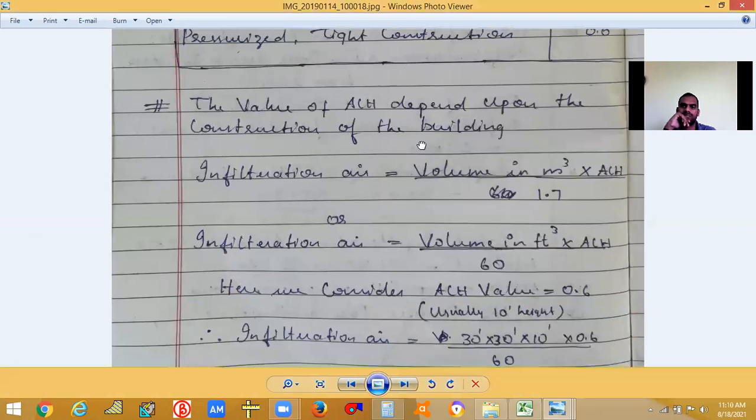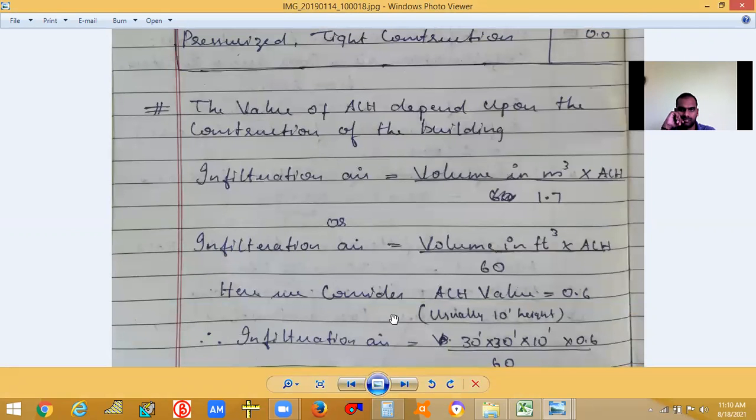So you got the infiltration rate, or the infiltration of air. Mostly it will be an average construction only, so directly give 0.6. What is infiltration air, CFM?